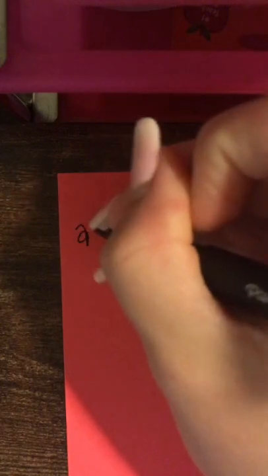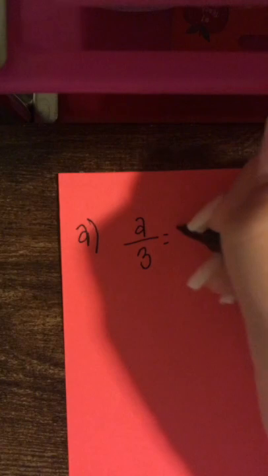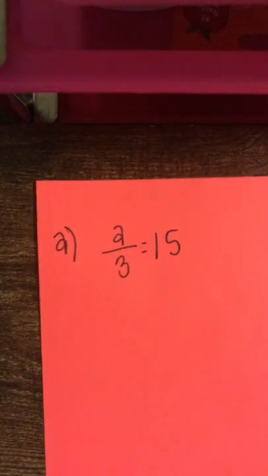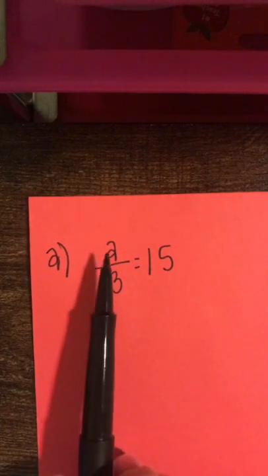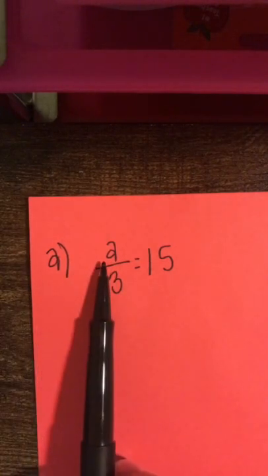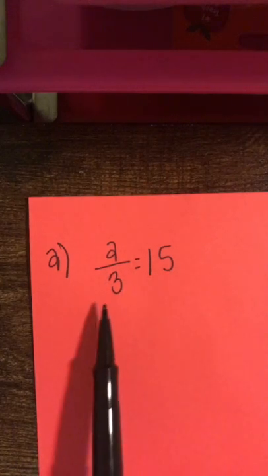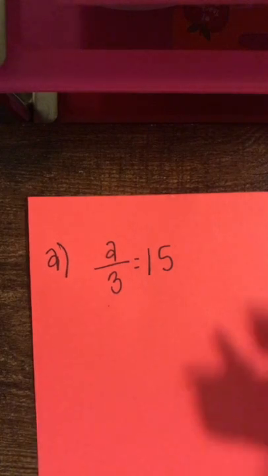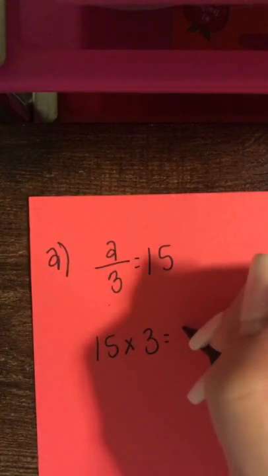For a, we have a divided by 3 equals 15. We are trying to find an unknown dividend, which is the a up here. So in order to find it, we multiply the quotient by the divisor. You end up doing 15 times 3, which gives you 45.